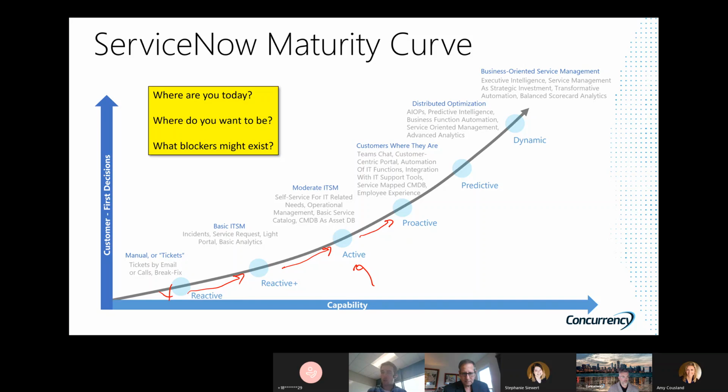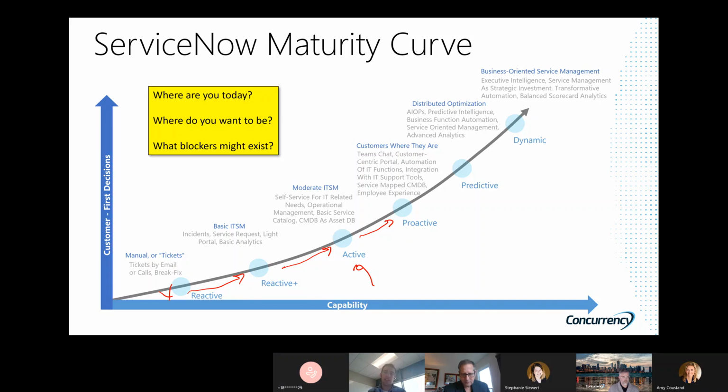Also, customer-centric portals that are very aligned to the needs of the functional business area, that add value beyond just requesting a new PC. Automation of IT functions, the idea that I have things that happen without me even needing to do manual steps. If I'm engaging in Teams chat and I say I would like a new laptop or I'd like this application enabled for me, I can engage in that process without ever needing to engage a service management professional.